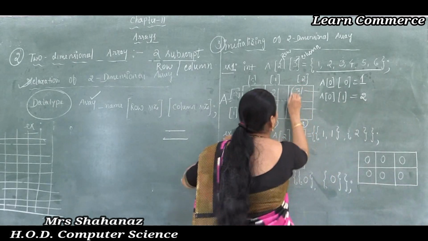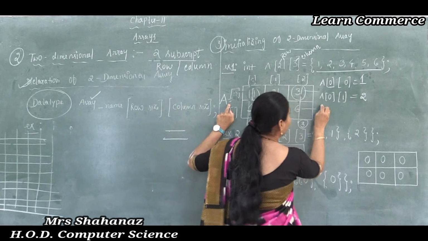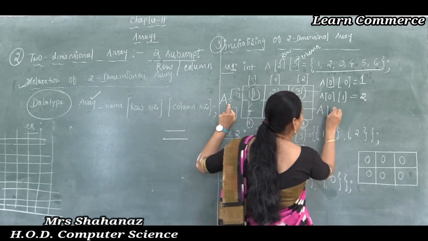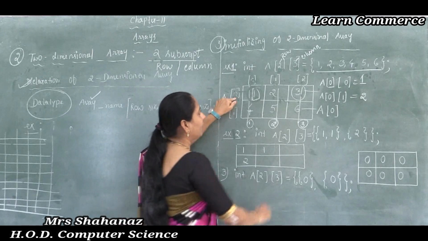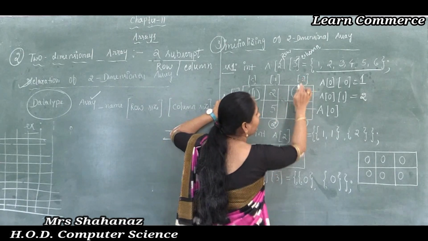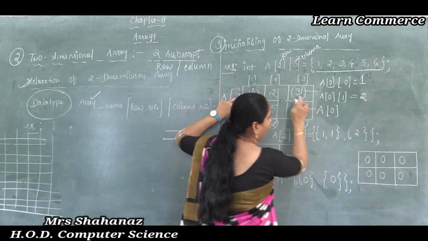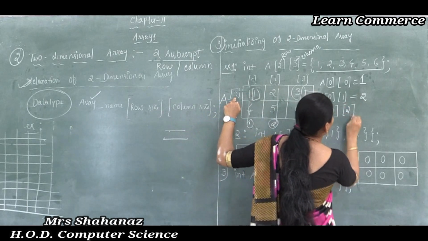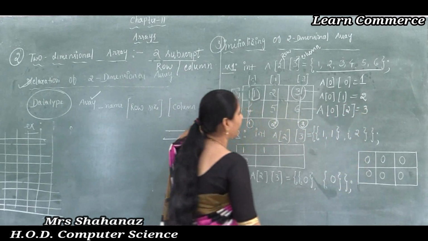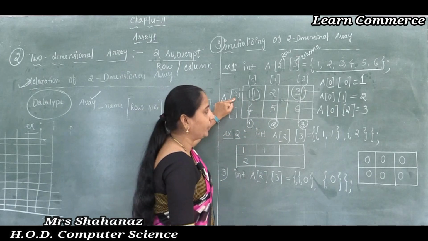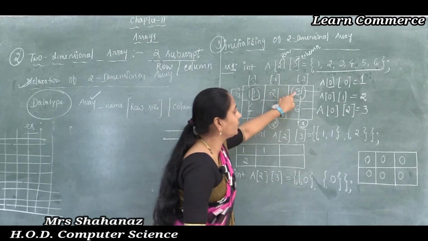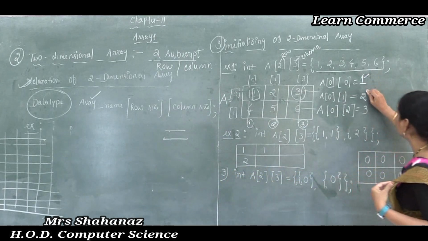And later, to access the element 3, that means A of 0, 2. First we access the row, then the column to get this value. That means we completed the first row values, 1, 2, 3.